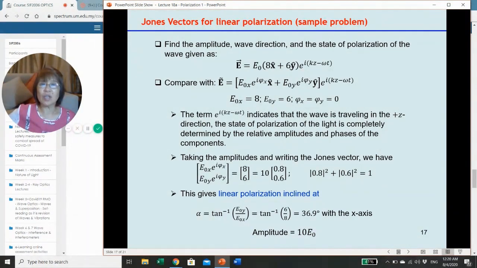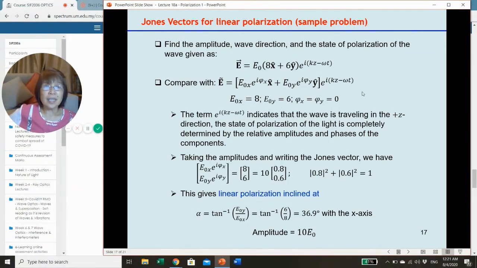If we compare this to what we wrote in the complex form, then you see that E0x is equal to 8E0, E0y is equal to 6E0, and phi x is equal to phi y, which is equal to 0.